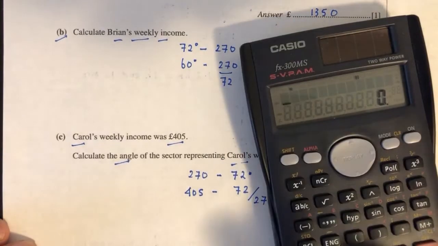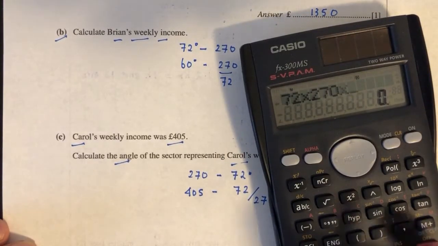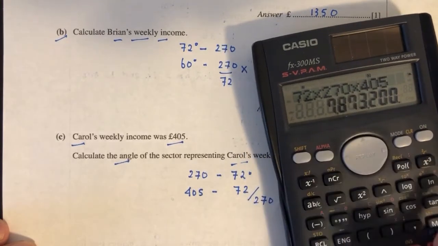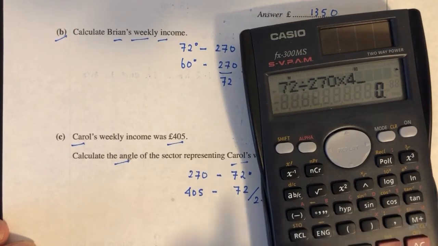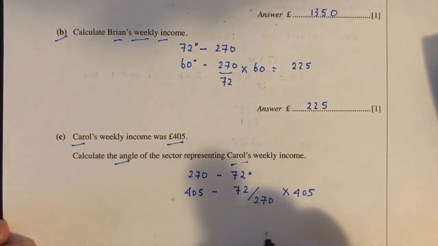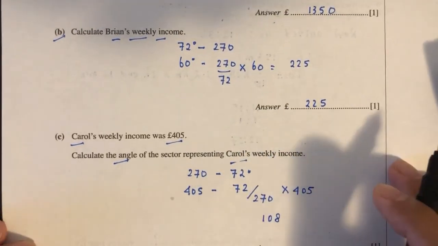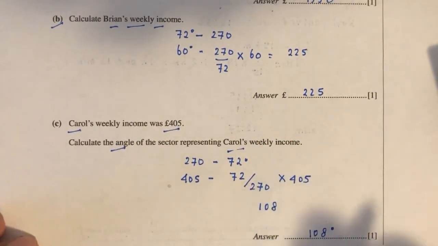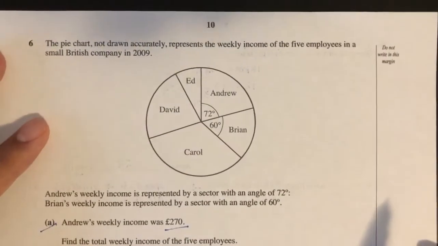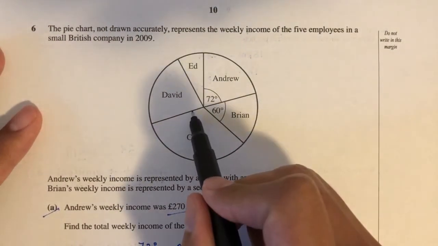So let's do that. 72 divided by 270 times 405 will be 108. So Carol's angle will be 108 degrees. So let's draw it here in the meantime. So 108.